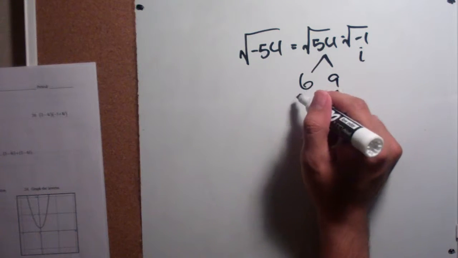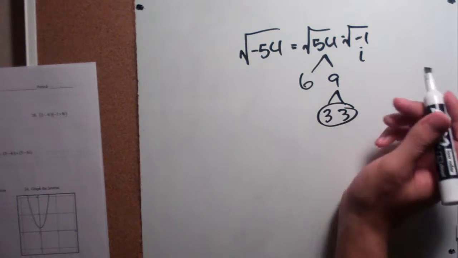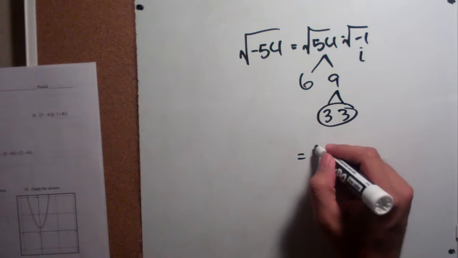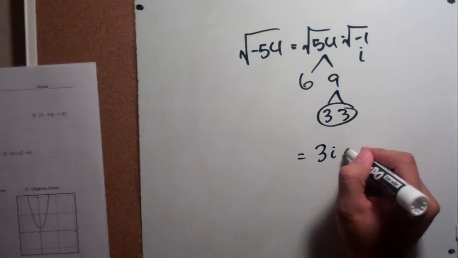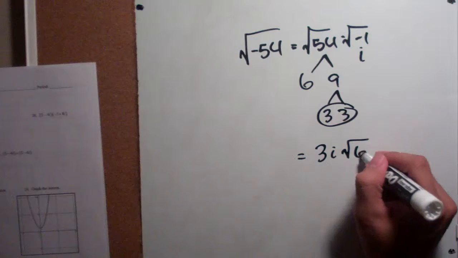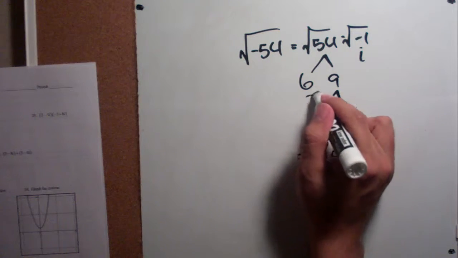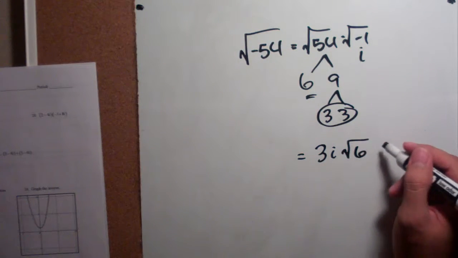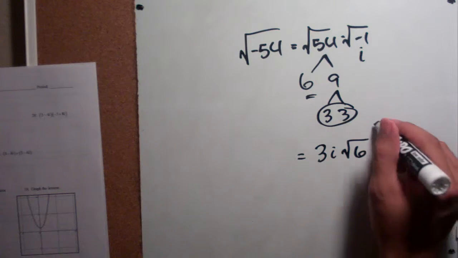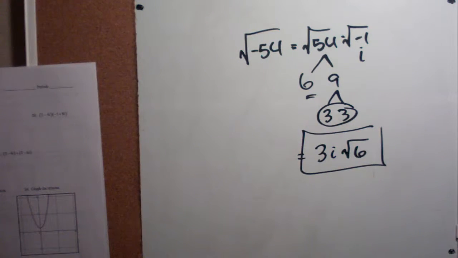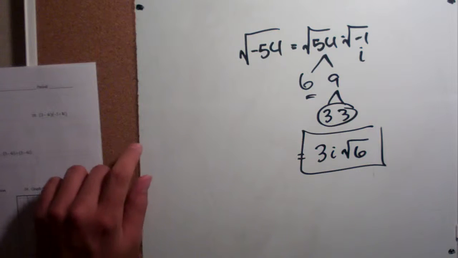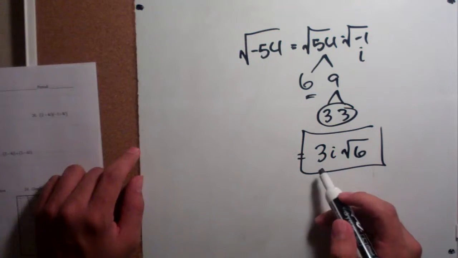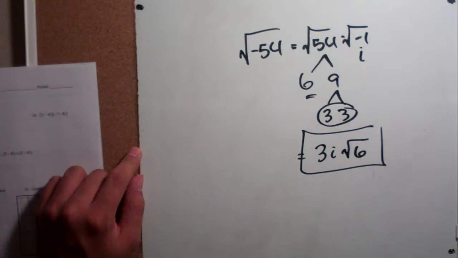And 6 will be broken up into 2 and 3, but those are just individual numbers. So our final answer would be 3i radical 6. Because this is going inside, our i you don't put behind, you actually put it in front, because it is a number and it's not in a radical. And for this, you do not do plus or minus because it is an imaginary number.